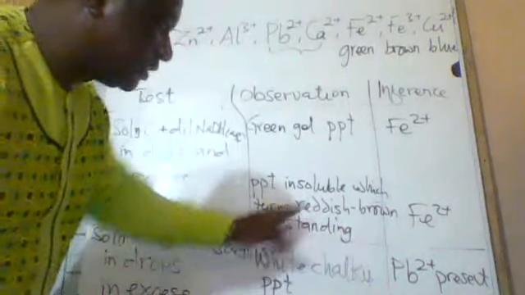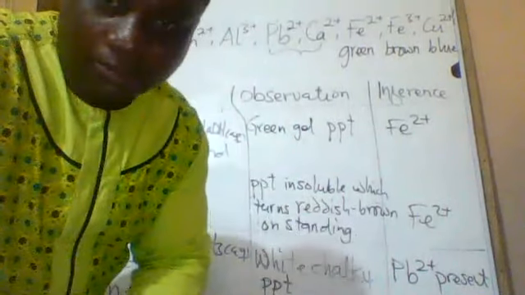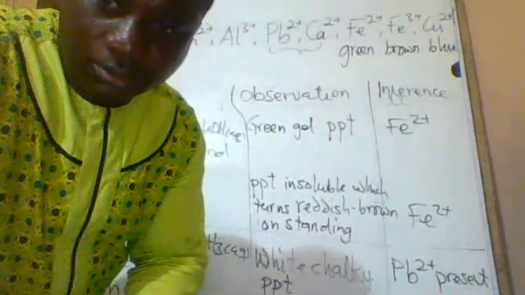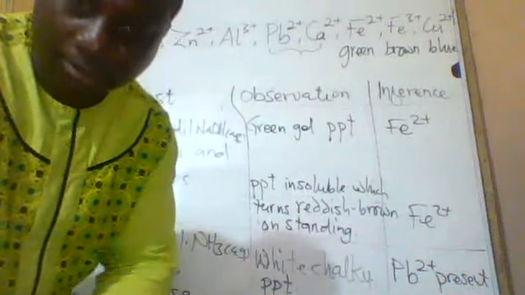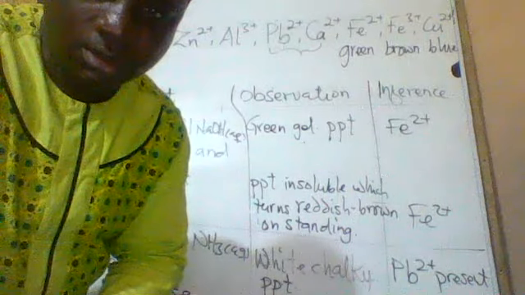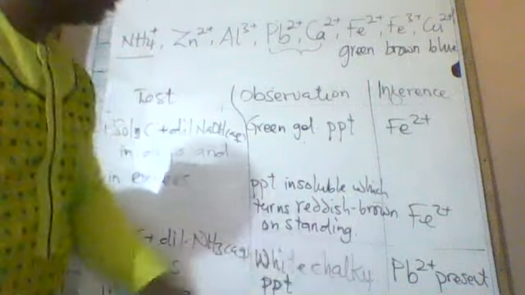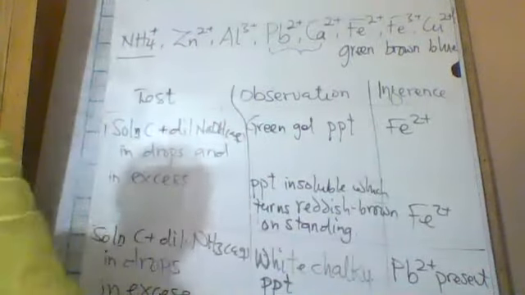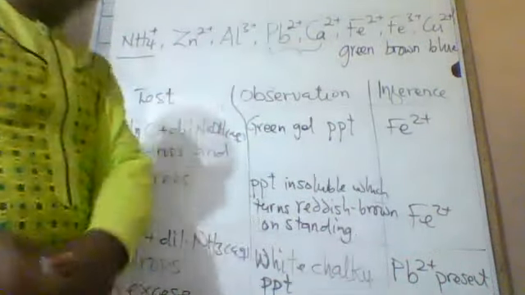That's why we said that on standing, it turns to reddish brown PPT due to the formation of iron 3. In aqueous ammonia, the same observation.